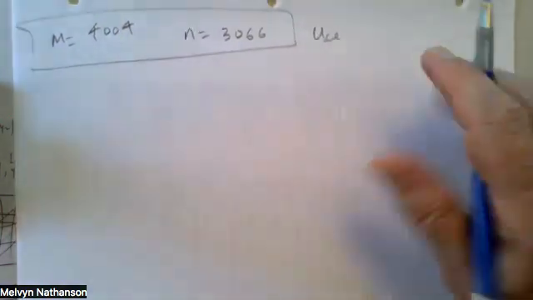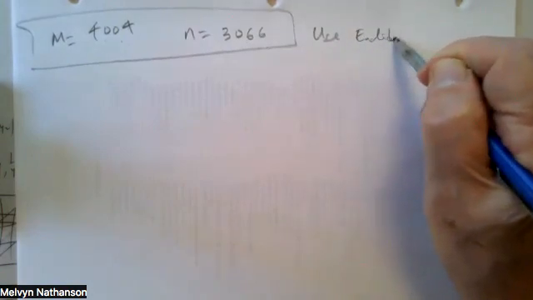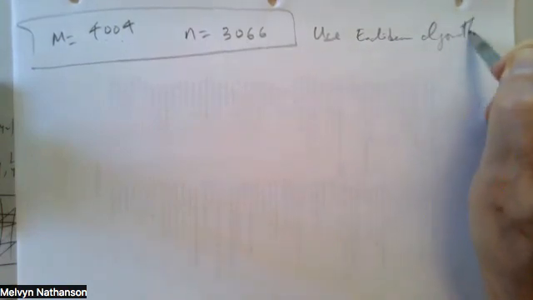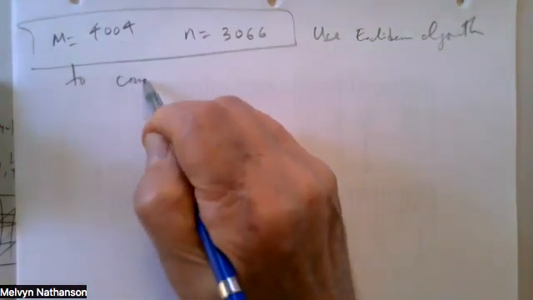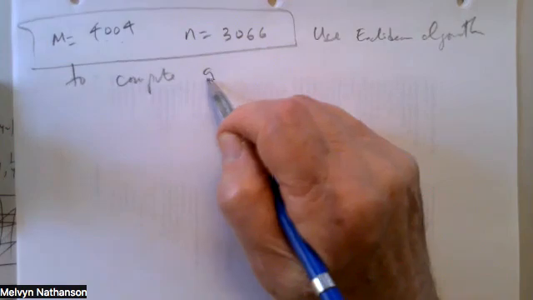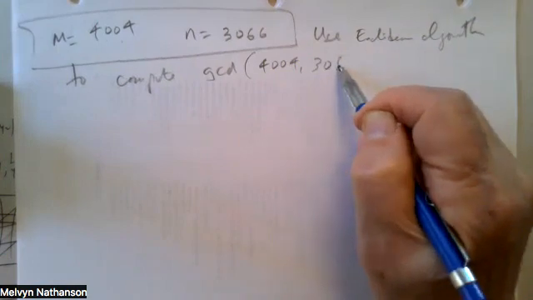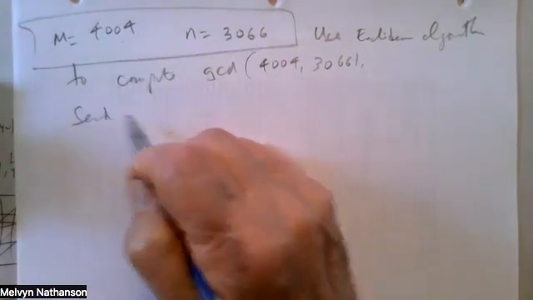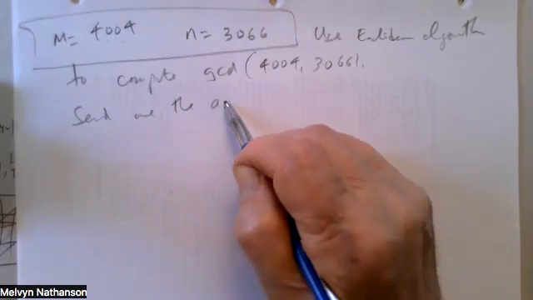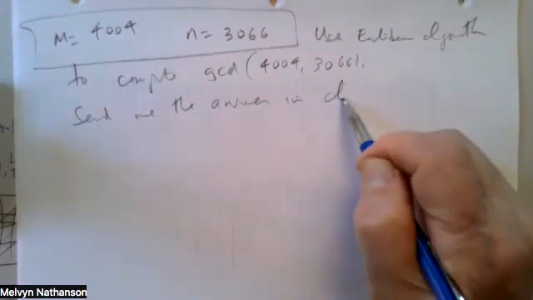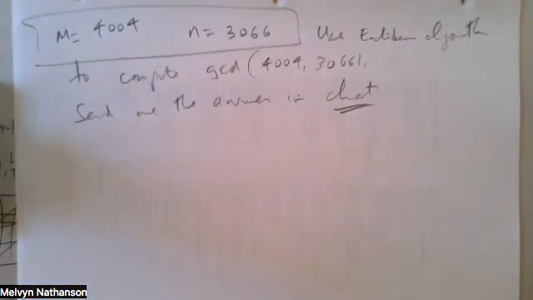I want you to use it right now to compute the GCD of these two numbers, and send me your answer in the chat. So I want everyone to do this calculation and send me your answer right now. And if you have a question, just ask me along the way.